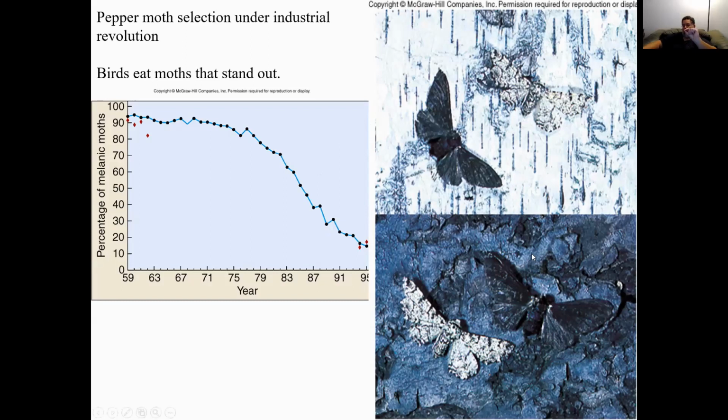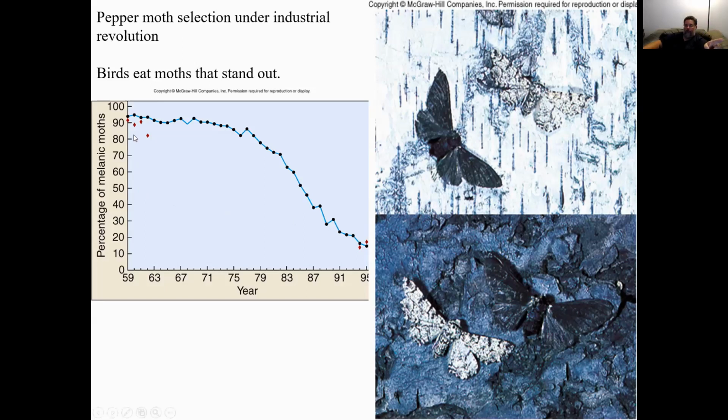And in doing so, the white peppered moth started being selected against, because now the bark was being covered with dark soot from the coal burning plants, putting a lot of smoke out. And now the white colored moth was being picked away by the bird.